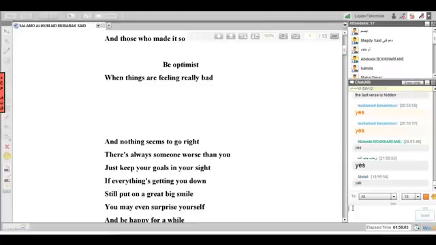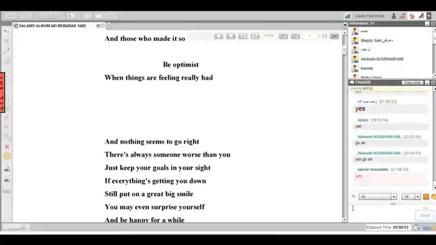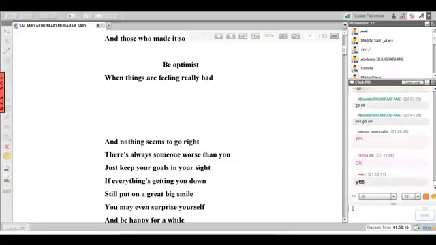Just keep your goals in your sight. If everything's getting you down, still put on your great big smile. You may even surprise yourself and be happy for a while.